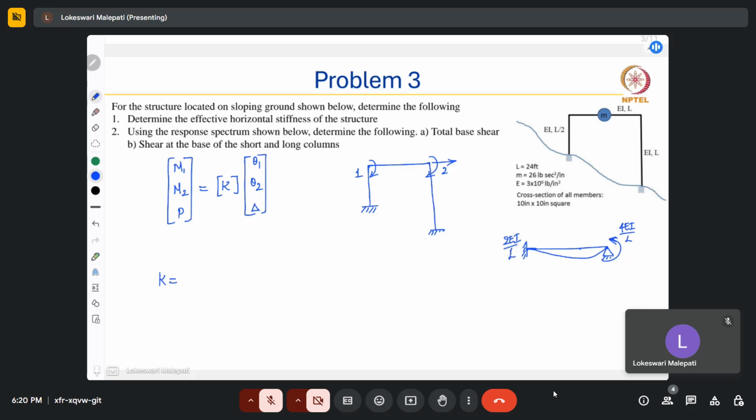And we also have the shear forces that are generated. Yeah. So those things we need to remember. So 6 EI by L square and 6 EI by L square will be generated. So using this thing, let's write down the components of this.